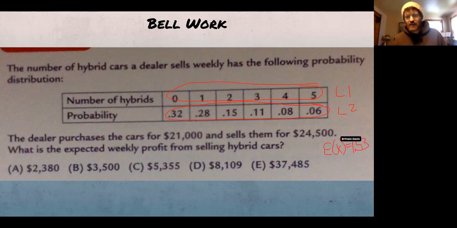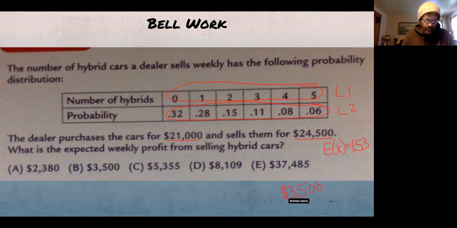So of course, that's not the answer, and that's not even an answer choice. But now we want to take this and we can transform this by multiplying it by whatever the actual profit is. So if it costs 21,000 and we sell it for 24,500, the profit is $3,500 per car.